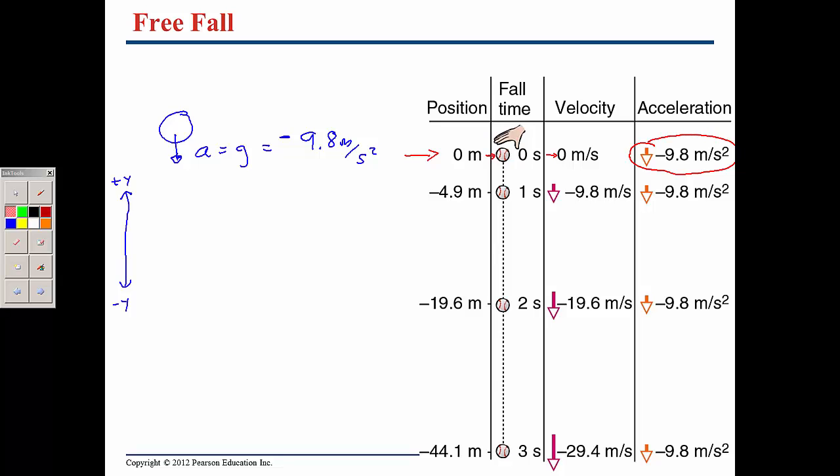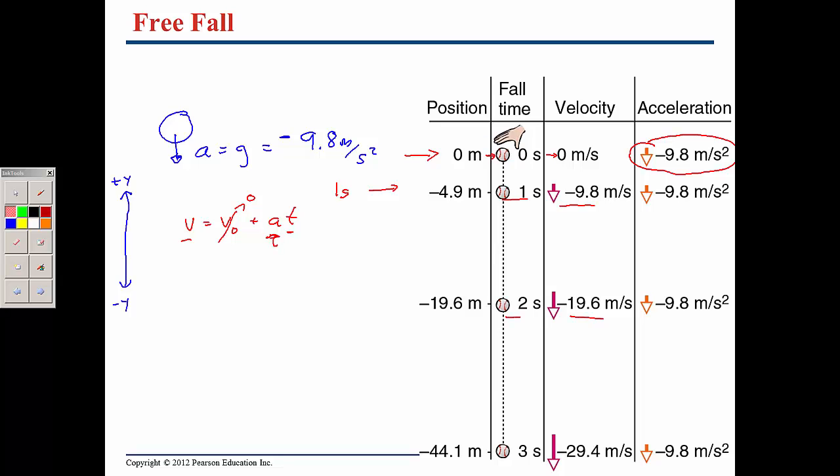Now, after 1 second, the object has lowered its position towards the negative y direction, and the velocity has increased such that velocity is equal to the initial velocity plus the acceleration times time. That initial velocity is equal to 0. So we can see the velocity is proportional to the time, related by the acceleration.